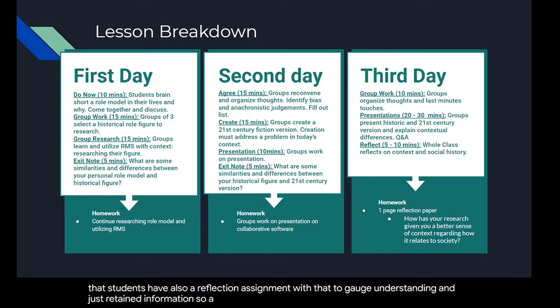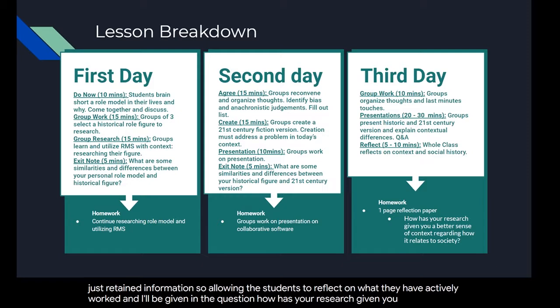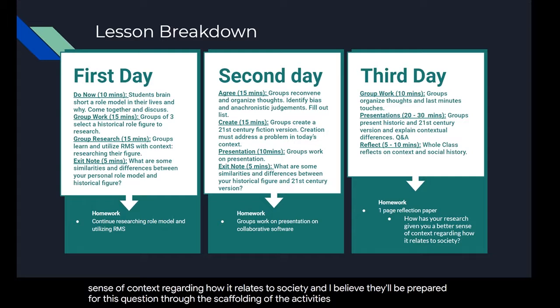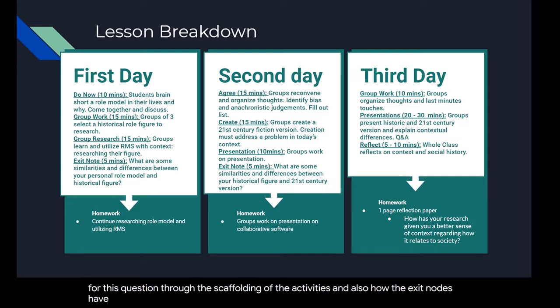So allowing the students to reflect on what they have actively learned. And I'll be giving them the question, how has your research given you a better sense of context regarding how it relates to society? And I believe they'll be prepared for this question through the scaffolding of the activities and also how the exit notes have helped them differentiate context.